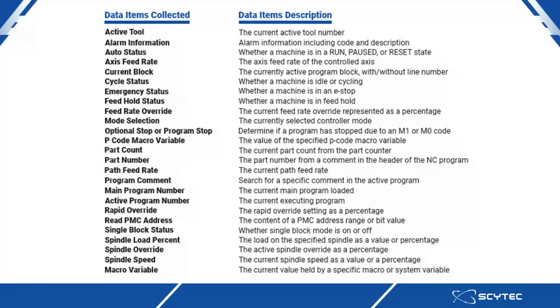The one that you are looking at right now is from Fanuc, and you can see things like the active tool number, alarm information, cycle status, part counts, part numbers, the main program number, the active program number, just a whole long list of data points that we are able to retrieve from specific name brand machines that go way beyond, is my machine running or not running?